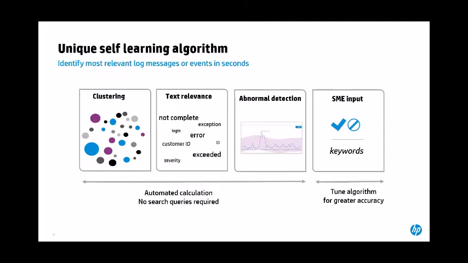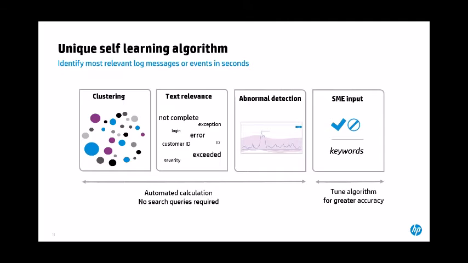We also look at what's in those log messages, in terms of what's in the text. Depending on the text that's in the messages, we associate it with certain importance and relevance, and we account for that in our calculation.